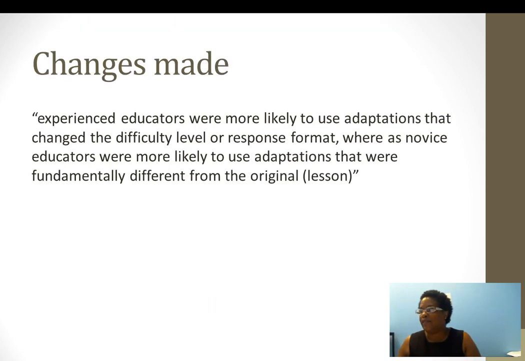And so what they found in their study, and they looked at novice teachers and experienced teachers. So it was a good study. They had a lot of teachers that they surveyed. And what they found, this is one of the things, is that experienced educators were more likely to use adaptations that changed the difficulty level or response format, whereas novice educators were more likely to use adaptations that were fundamentally different from the original lesson.